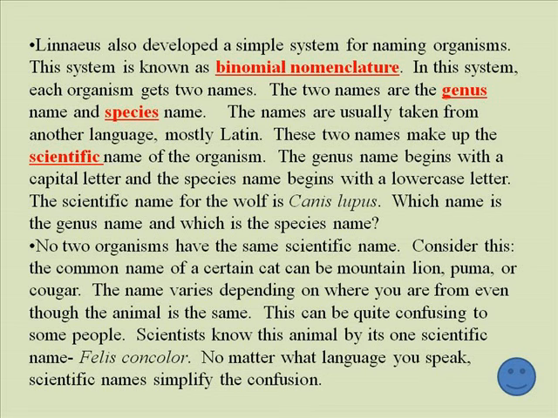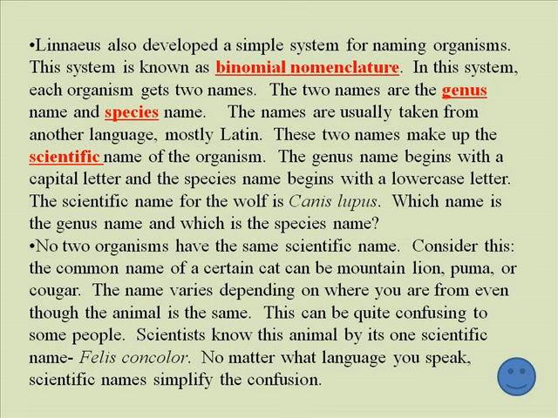So Linnaeus came up with a way called binomial nomenclature. And if you reference the word wall in the room, you'll notice that the prefix bi means two. So it's two names, and then nomenclature means naming system. The two names that every living thing gets are going to be its genus name and its species name, in that order.